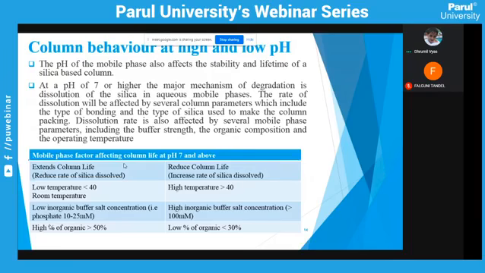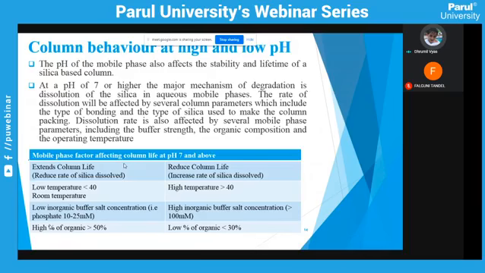You also have to use a lower buffer salt concentration and always use the higher side of organic solvents. This will definitely increase your column life.